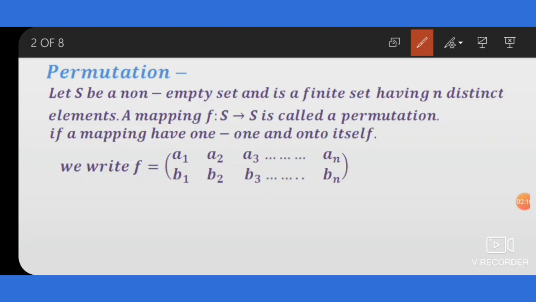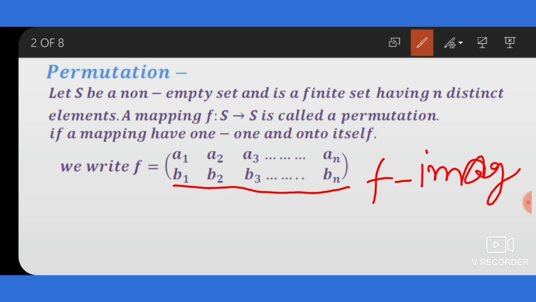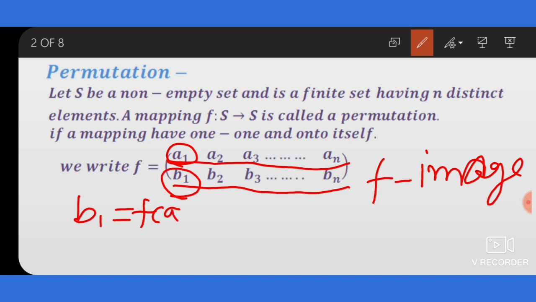That is, each element in the second row is the f image of the element of the first row, such that v1 in the second row is the f image of the element a1 of the first row, that is v1 equal to f(a1).